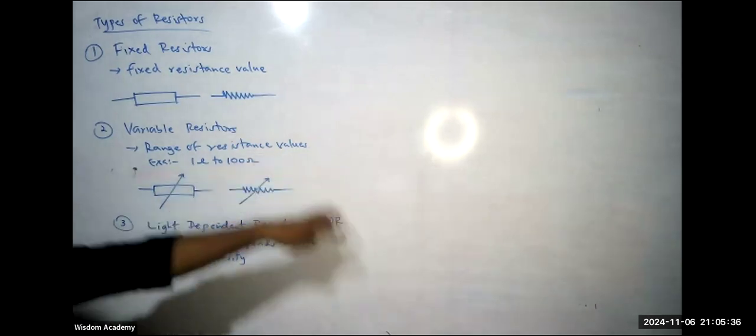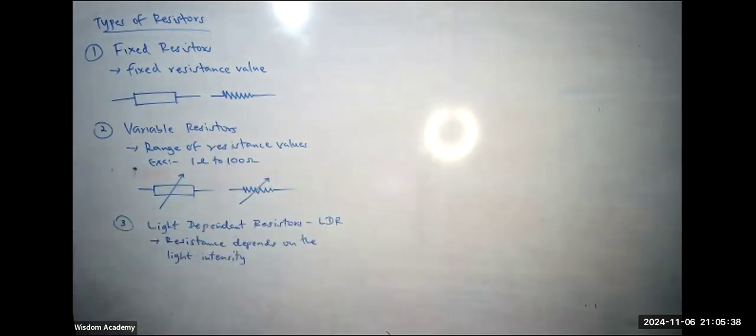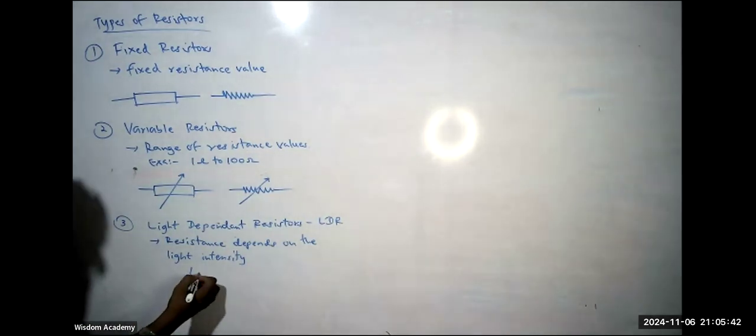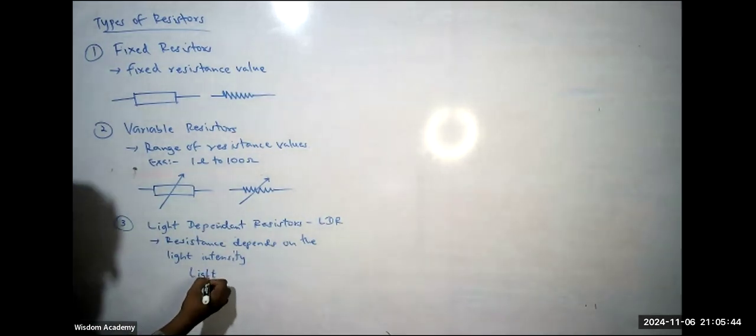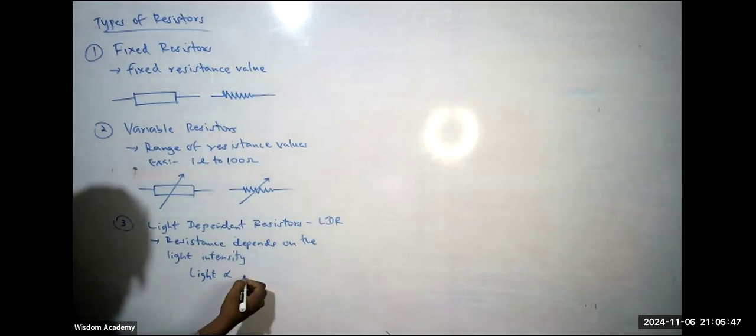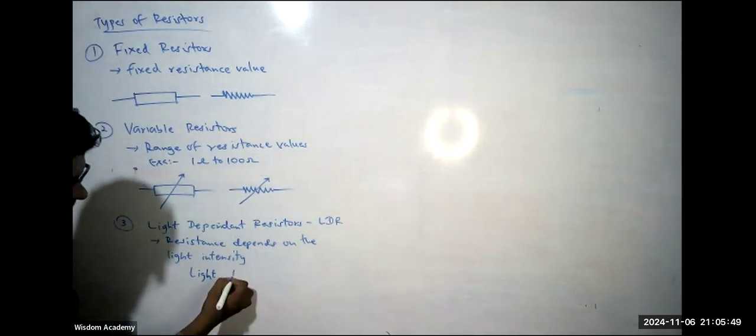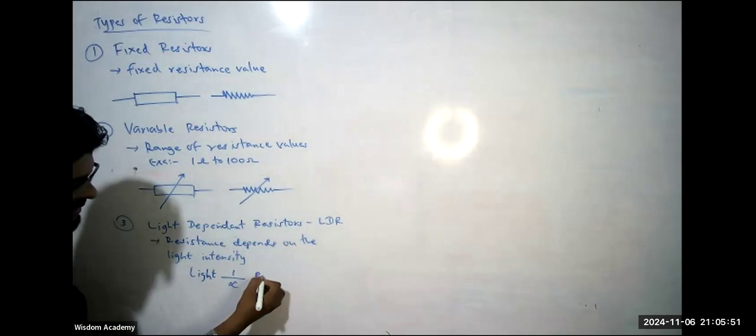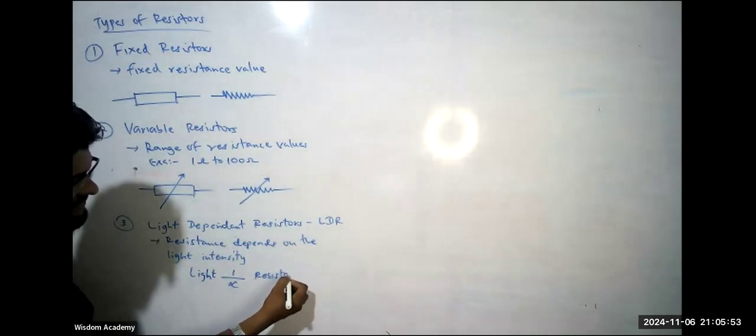How much light is falling on it, accordingly it changes. Here the light intensity is inversely proportional to the resistance value, light is proportional to 1 over the resistance.